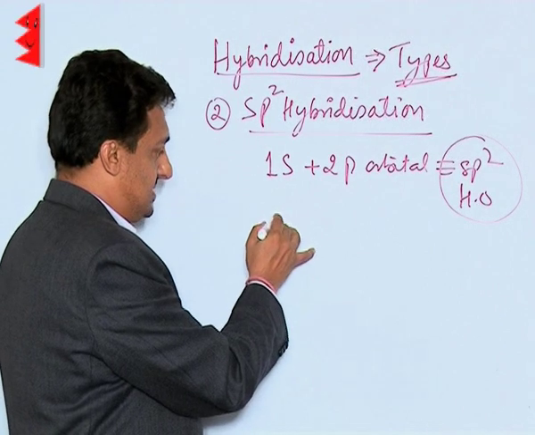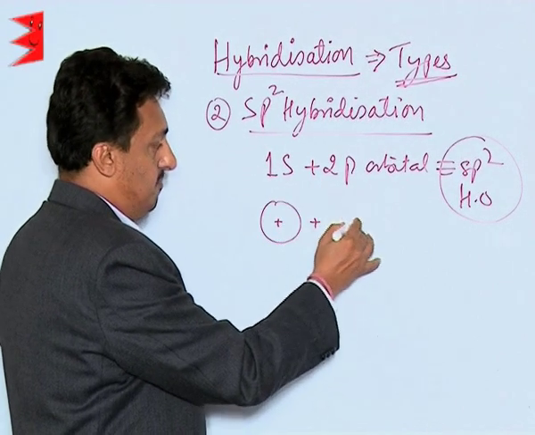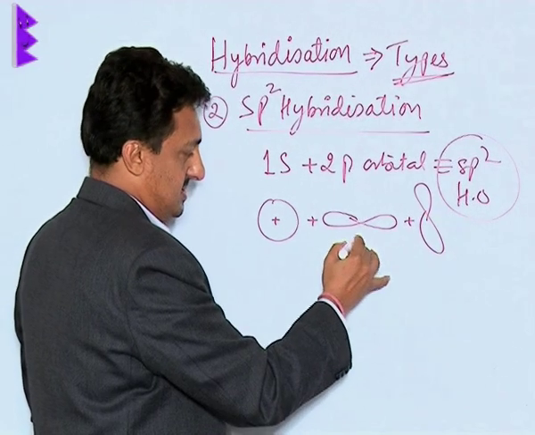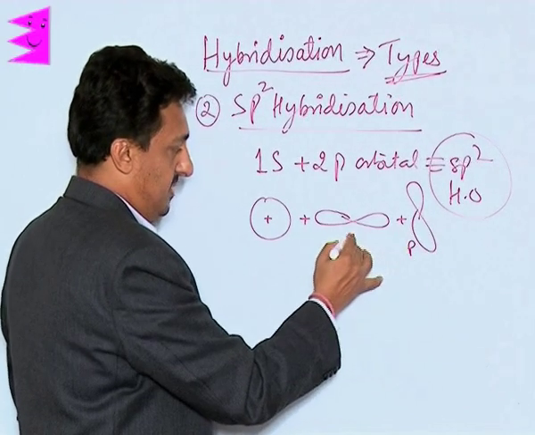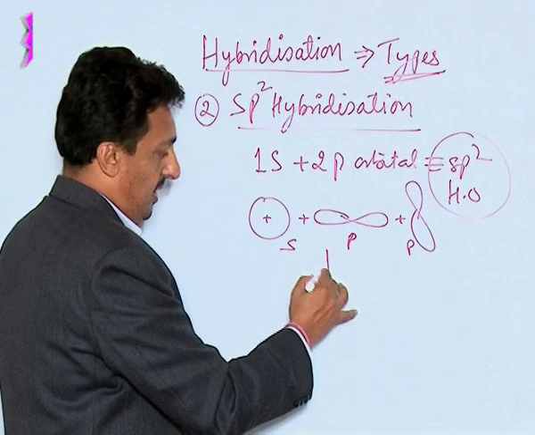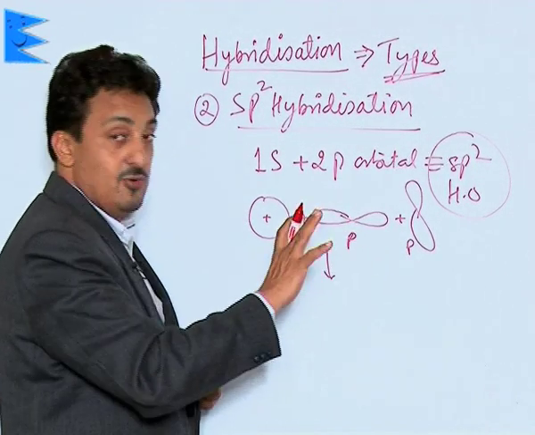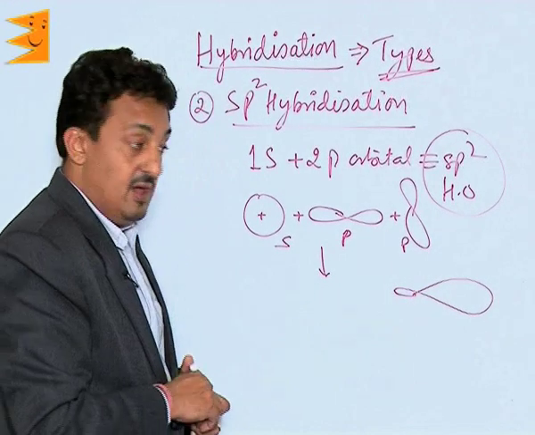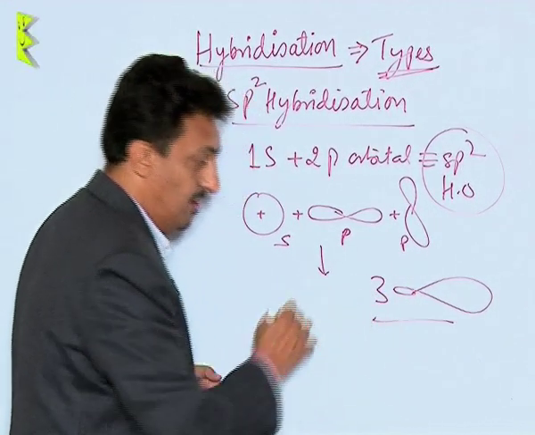Take one s, one p like this, and another p like this. They overlap and form three new hybrid orbitals. Each hybrid orbital will be like this.